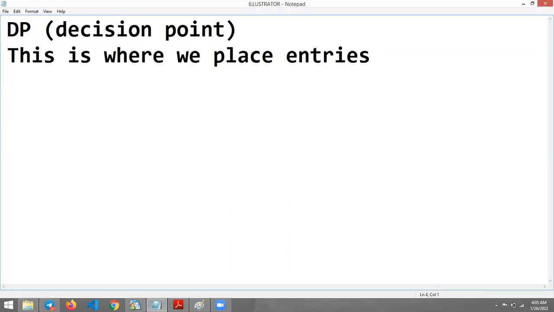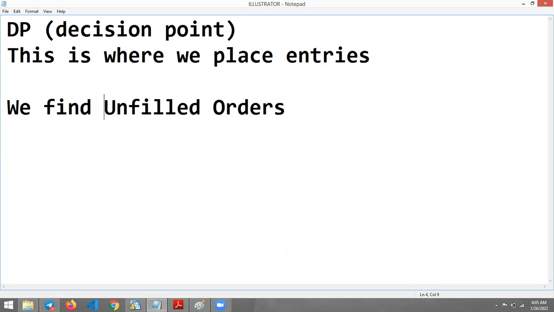Now in our decision points, we have what we call unfilled orders, right? That is where we find unfilled orders, along decision points.